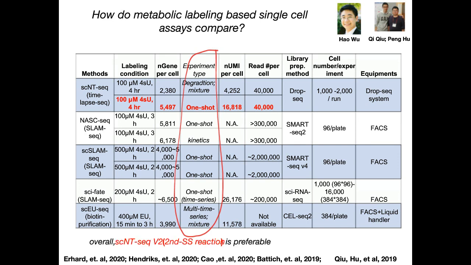And if you compare scNT-seq with other methods, you can see that with a relatively small number of reads per cell, you can get quite a high number of genes and almost 17,000 UMIs per cell. So overall, scNT-seq, especially the second strand synthesis approach, is preferable.